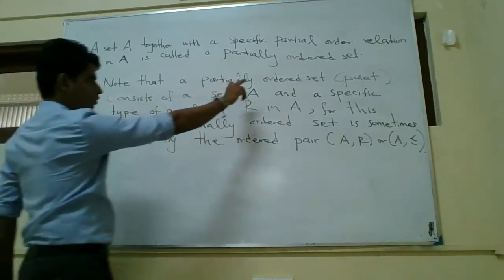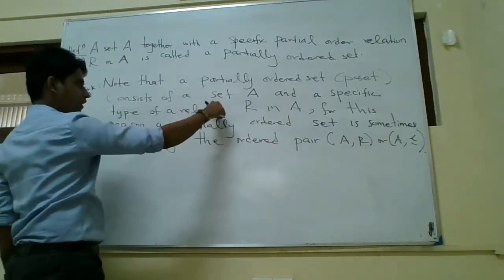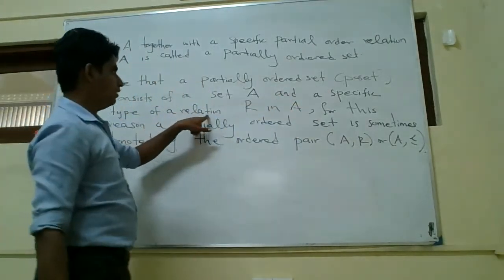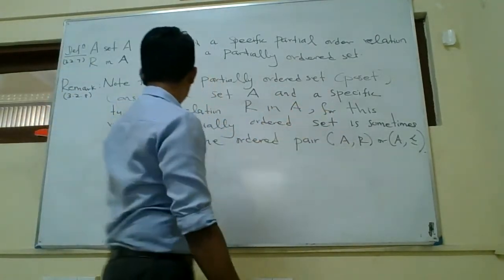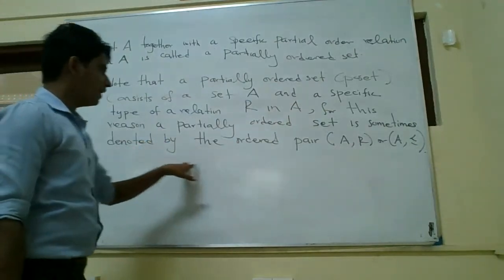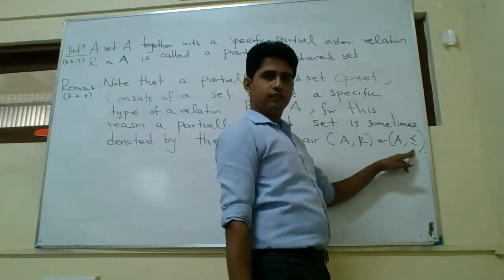Note that the partially ordered set, the poset, consists of a set A and a specific type of relation R in A. For this reason, a partially ordered set is sometimes denoted by like this or like this.